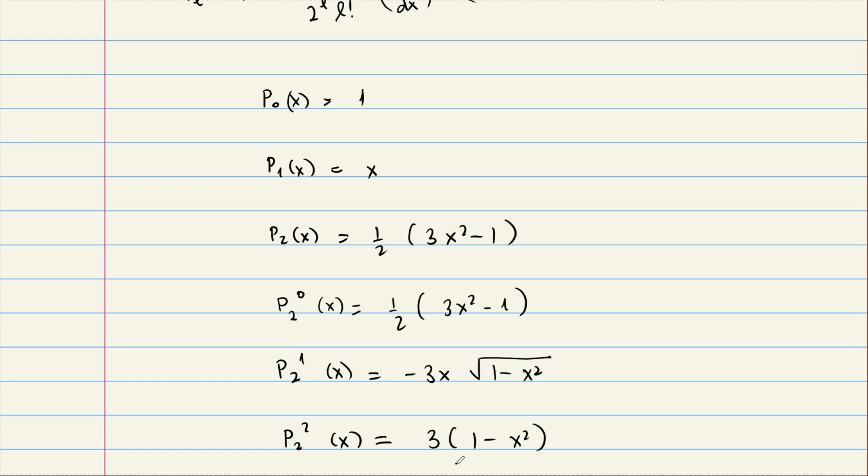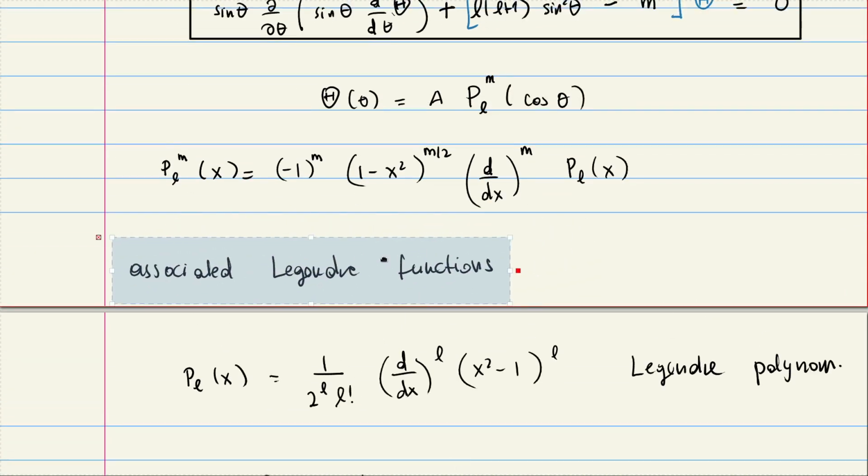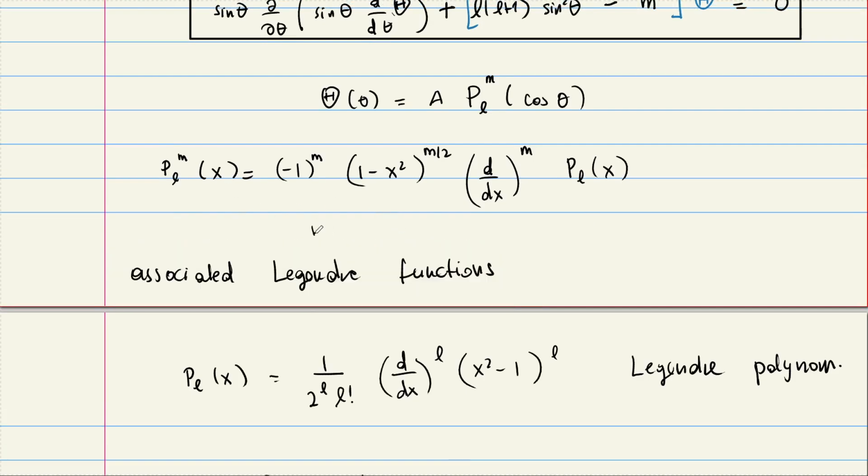This one is for m bigger than 0. If m is smaller than 0, P_l^(-m) is written in terms of the positive one.